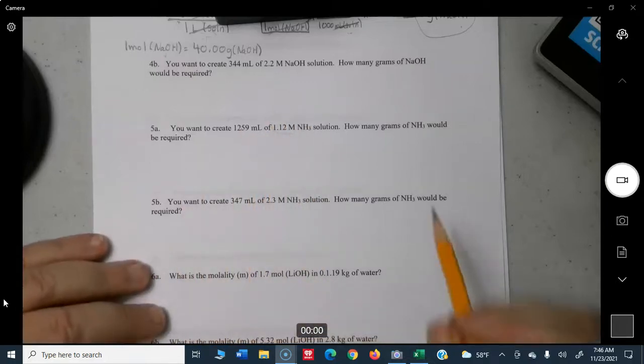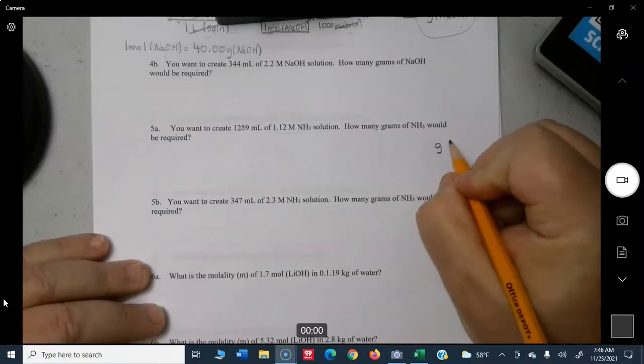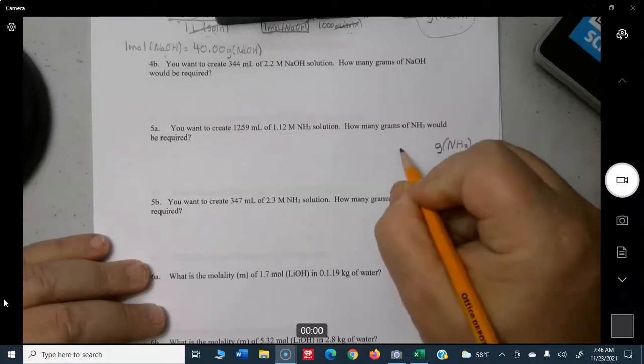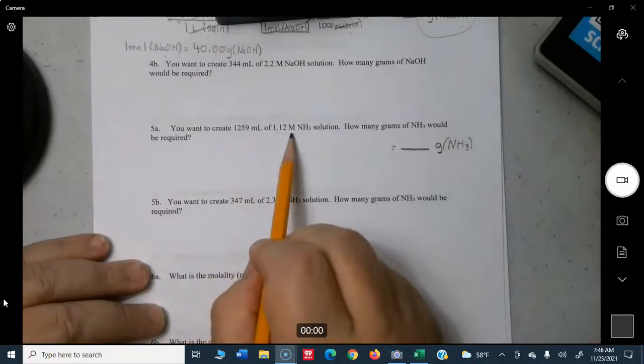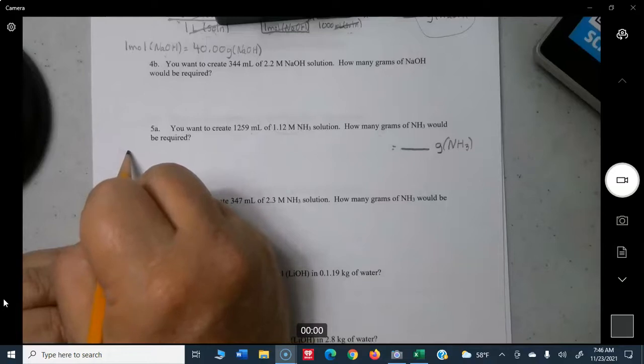All right, so we want to know grams of NH3. I'm going to move through this one a little quicker. Okay, and again, you have milliliters, you have molarity. We're always going to start with molarity way over here.